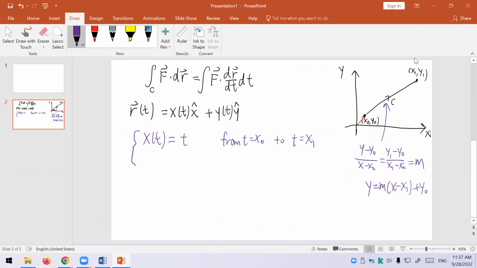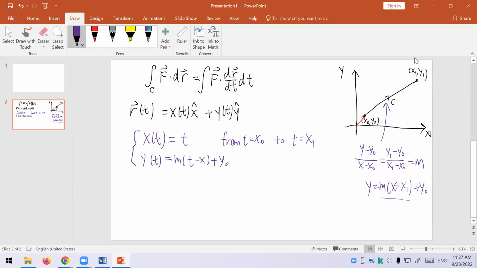Then my y as a function of t is given by m times (x minus x naught) plus y naught, and this x is given by t. So my y is m times (t minus x naught) plus y naught.